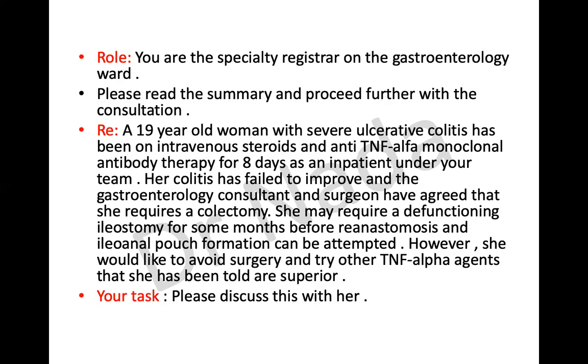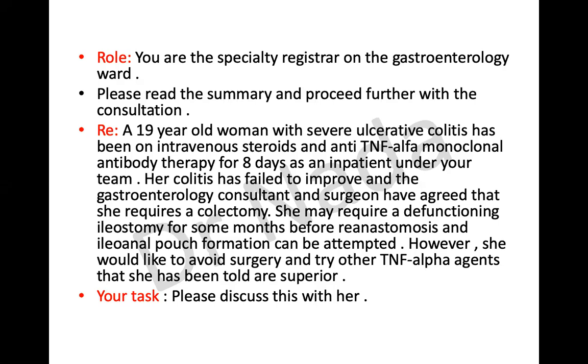Okay, so today we discussed that you have the disease ulcerative colitis and you are not responding to medication, including the new medications, which are very effective for some people. That's the reason our surgeon decided to go for the removal of the colon, and he will make an opening, which will be temporary, on the right side of the tummy.